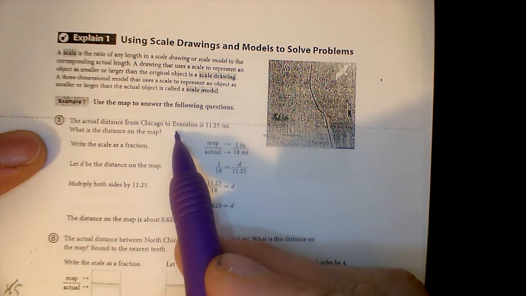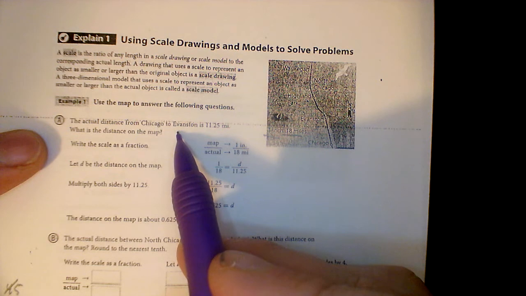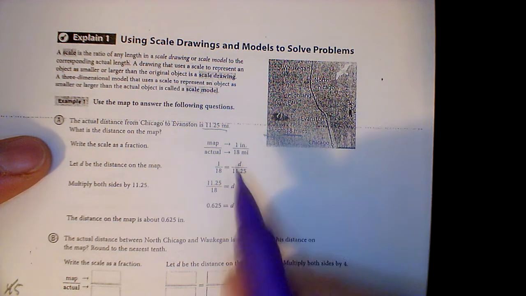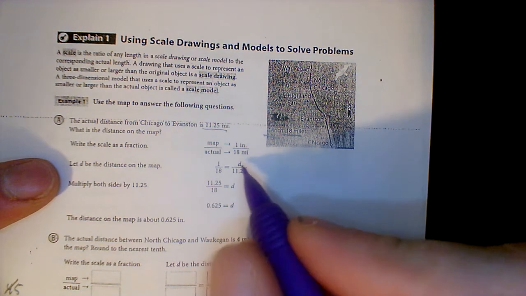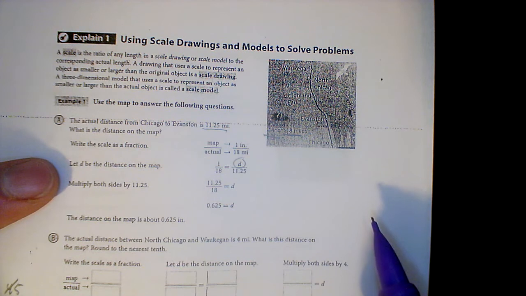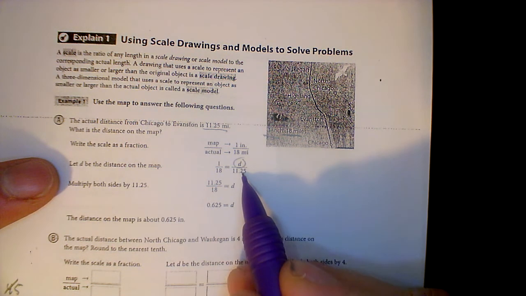The actual distance from Chicago to Evanston is 11.2 miles. What is the distance on the map? So the first thing you have to do is figure out the distance on the map. Well, the scale on this map is 1 inch to 18 miles. If I'm going to figure out how many inches on the map, because we've got the map inches on top, let's put the actual miles on bottom.